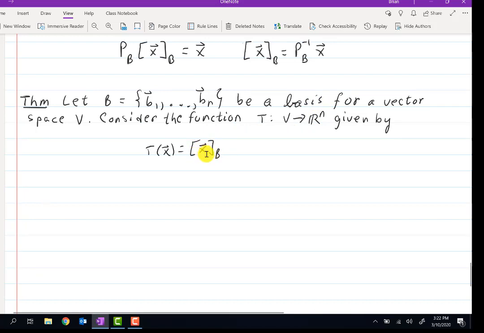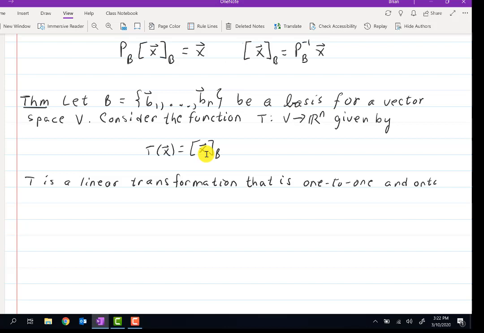Now, what we have then is T is a linear transformation that is 1-to-1 and onto. Let me give a proof of this.